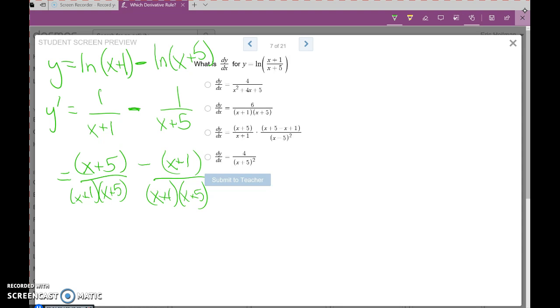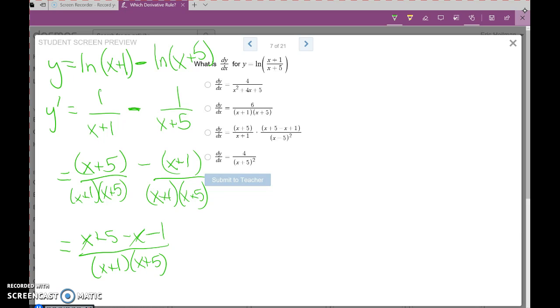The first fraction was missing an x plus 5, so you have to multiply the numerator and denominator by x plus 5. The second fraction was missing an x plus 1, so you multiply the numerator and denominator by x plus 1. Then when you combine these, you get x plus 5 minus x minus 1 all over x plus 1 times x plus 5. And when you combine like terms, these x's cancel out, and you just get 4 over x plus 1 times x plus 5.